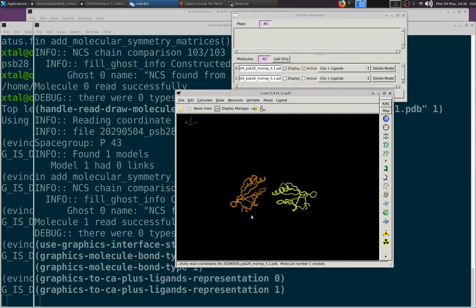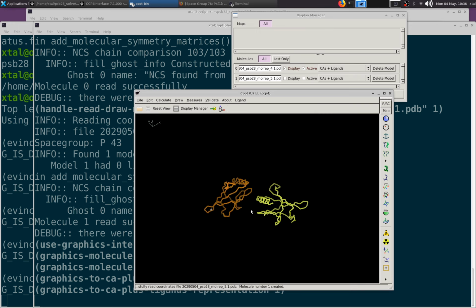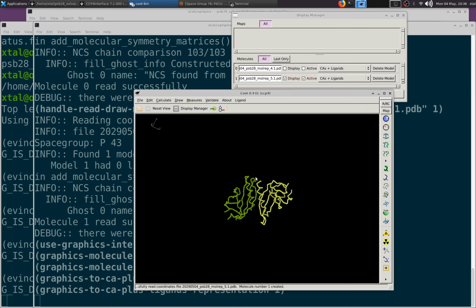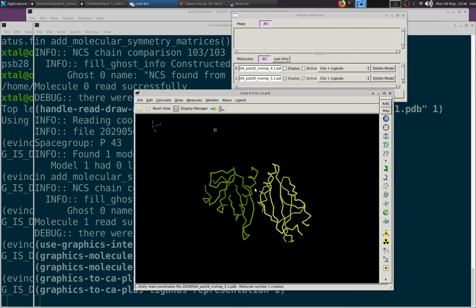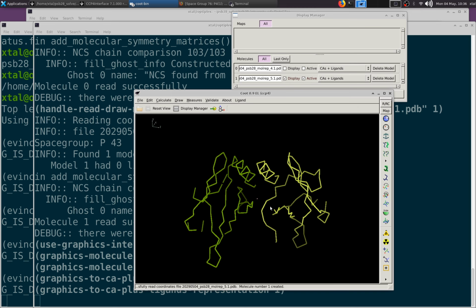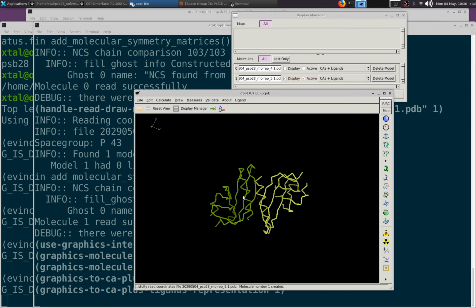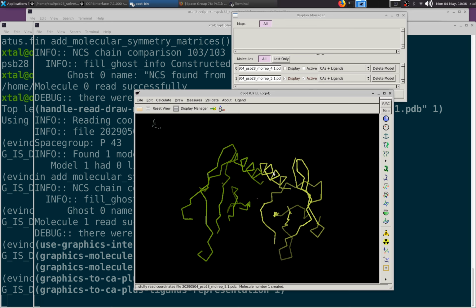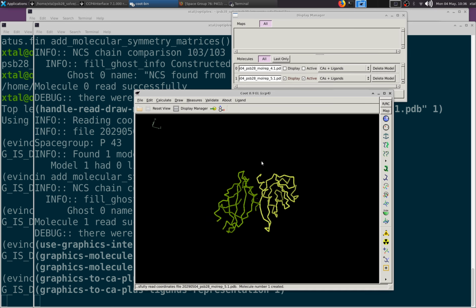Okay, so for P41, it's just 2 monomers hanging in space, and for P43, this looks like it might be a biological dimer in that we have these 2 helices packing against each other and these 2 strands forming a sheet.